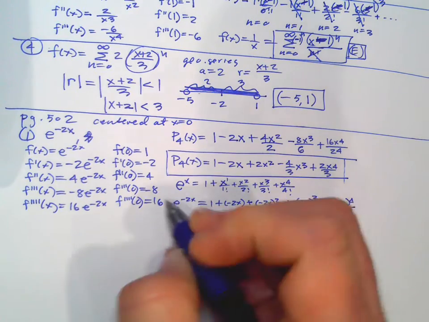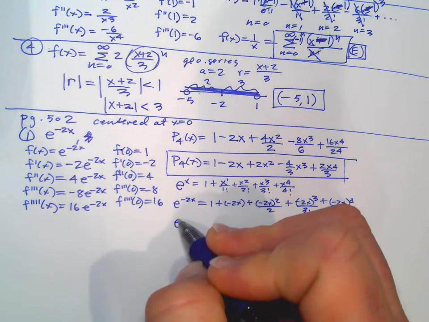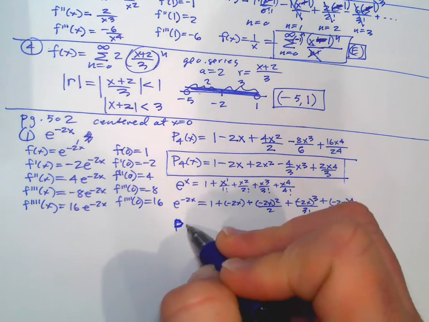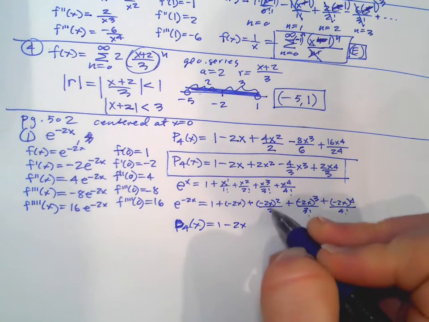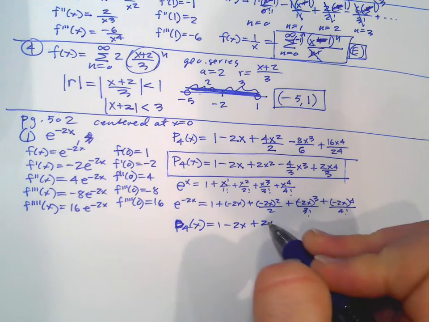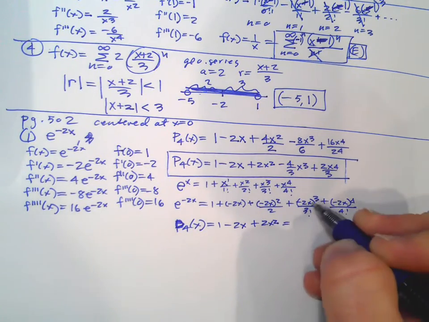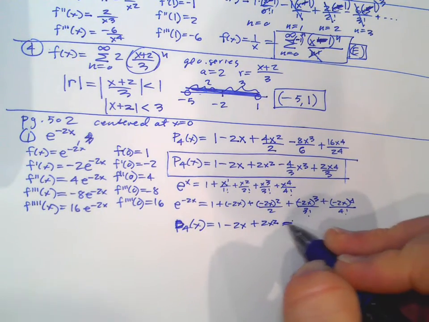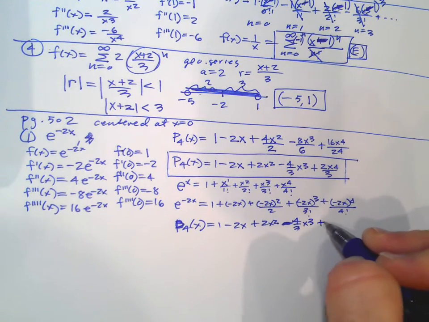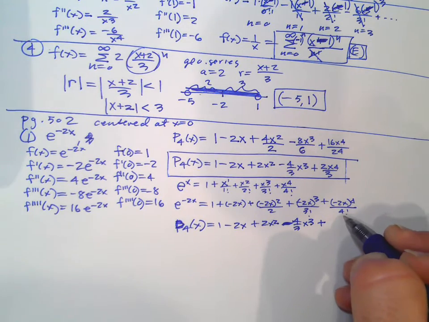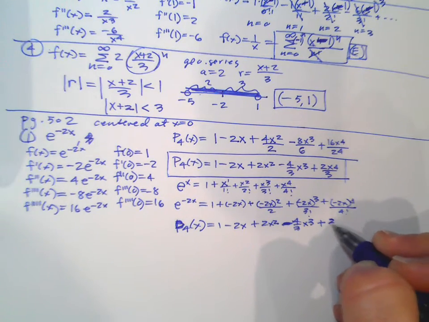And look at what you get. So we could do it that way, and you get 1 minus 2x plus 2x squared minus 8 over 6, minus 4/3 x cubed plus 16 over 24 is 2/3 x to the 4.